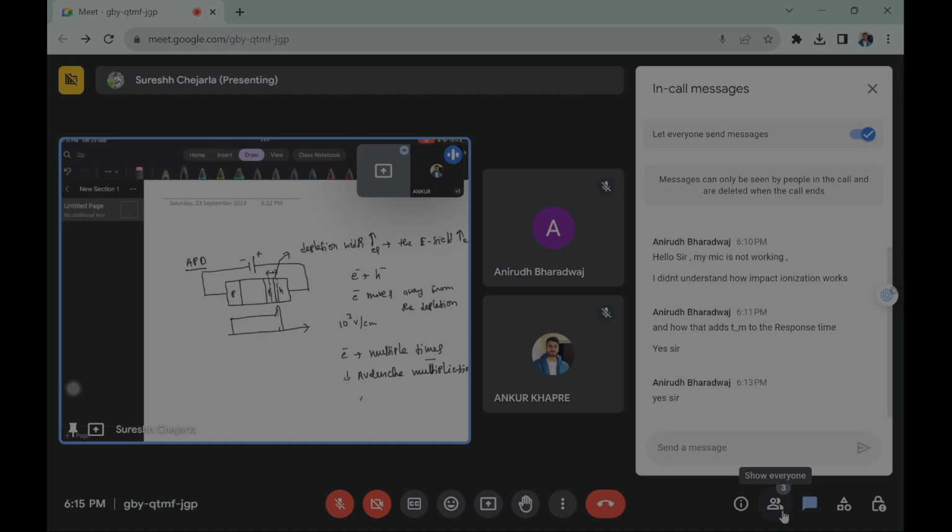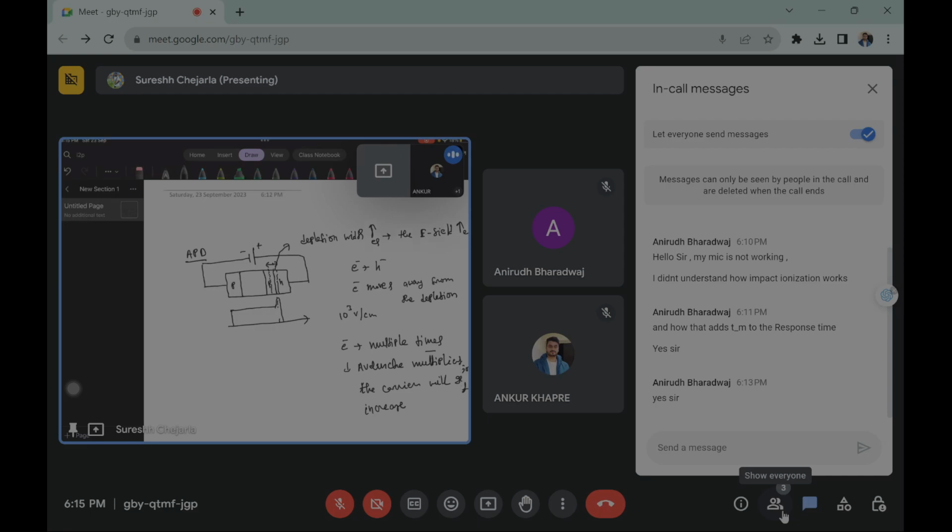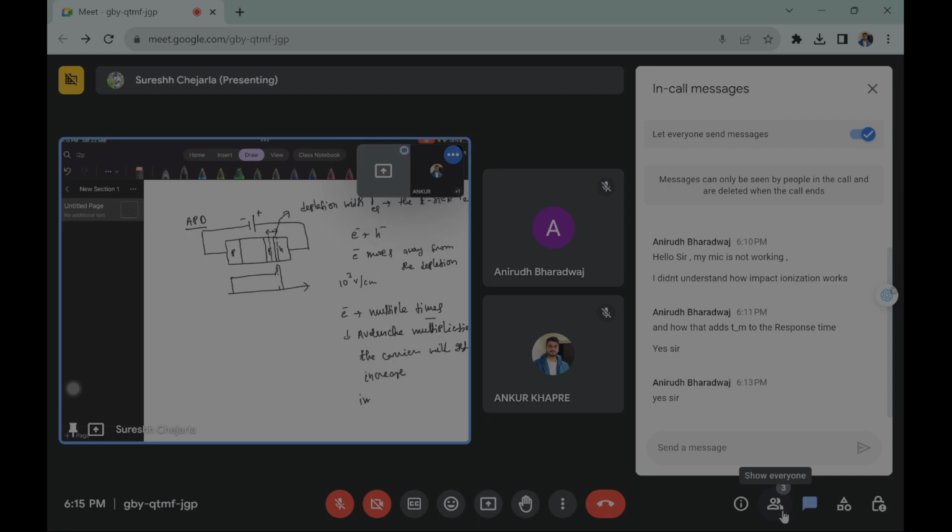So it will increase the carriers. The carriers will increase. So this is called impact ionization.